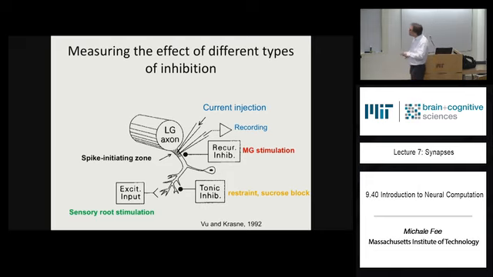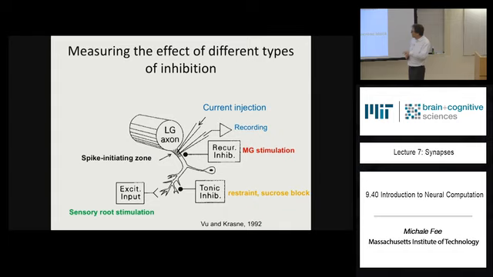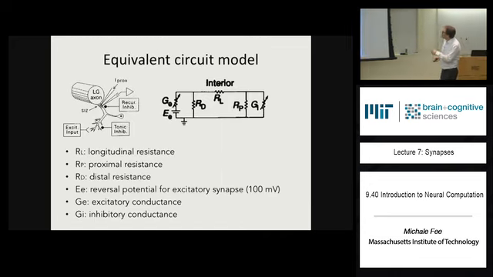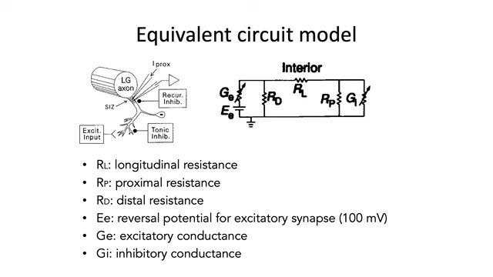So the input that absolutely suppresses the response of this neuron is coming right on the soma, right where the spike is generated. And the ones that tonically adjust the probability of spiking are coming out here where the excitatory inputs are. They developed a simple equivalent circuit model where out on the dendrite you have an excitatory input, and you can have recurrent input on the soma.